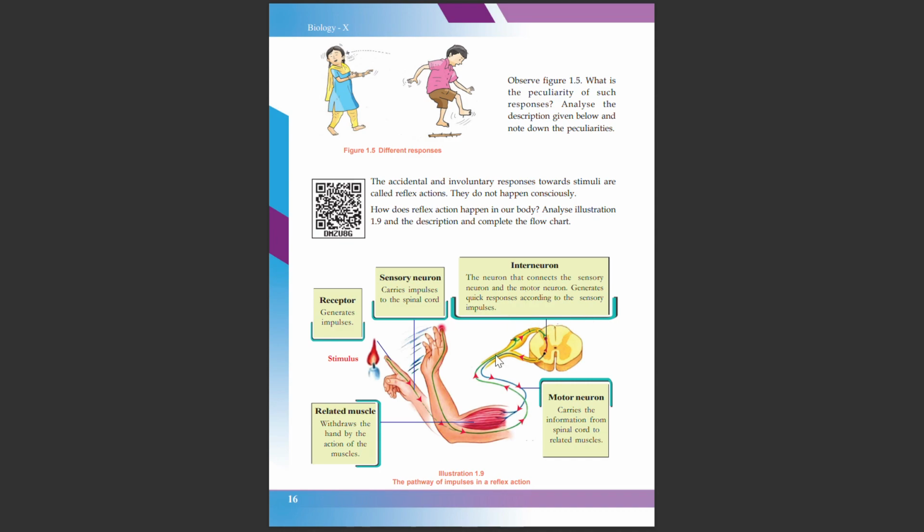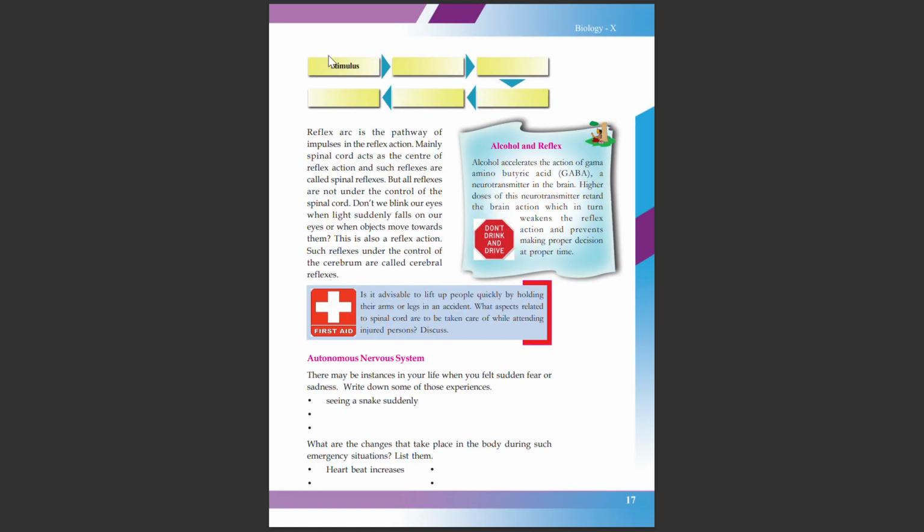The motor neuron carries it to the related muscle and the withdrawal action happens. Here you have stimulus, receptor, sensory neuron, interneuron, motor neuron, and the related muscle.